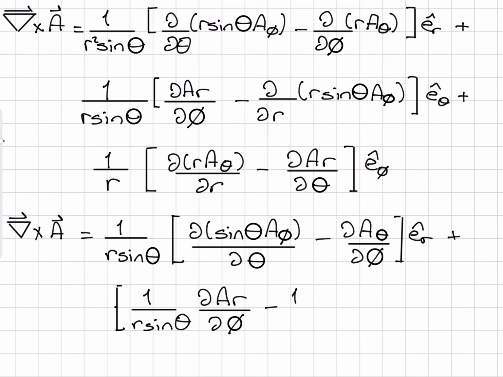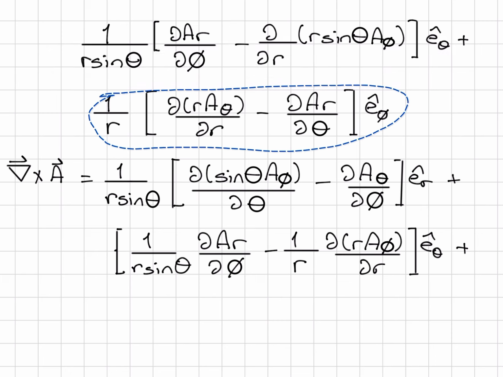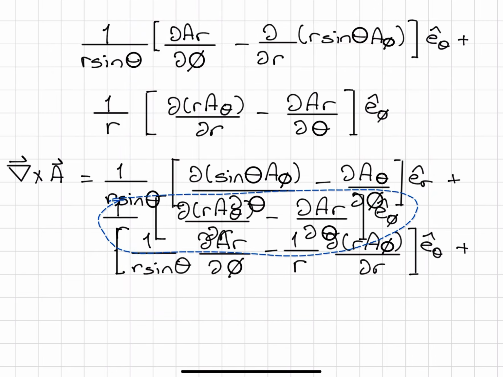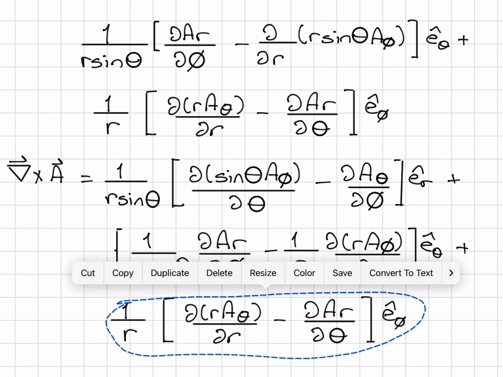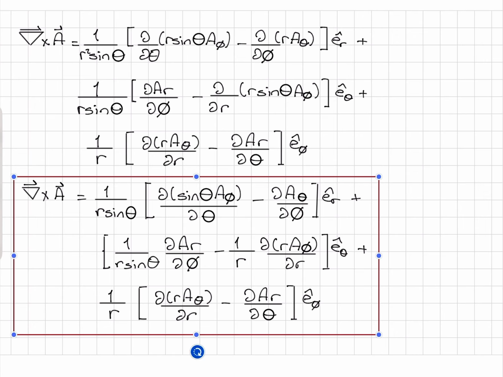So I will have minus 1 over r ∂(r A_phi)/∂r in the e_theta hat direction. And the last term, actually this r derivative is affected here, so nothing will change in the last term. So I can just copy this last term. This is the last term. Therefore, this is my final answer for curl A in spherical coordinates.